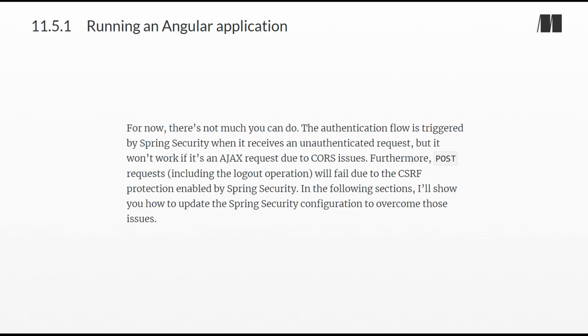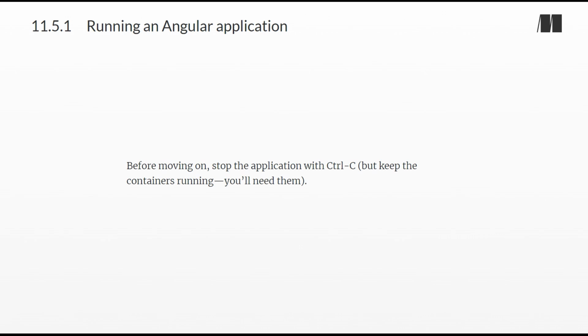Furthermore, POST requests, including the logout operation, will fail due to the CSRF protection enabled by Spring Security. In the following sections, I'll show you how to update the Spring Security configuration to overcome those issues. Before moving on, stop the application with Control-C, but keep the containers running, you'll need them.